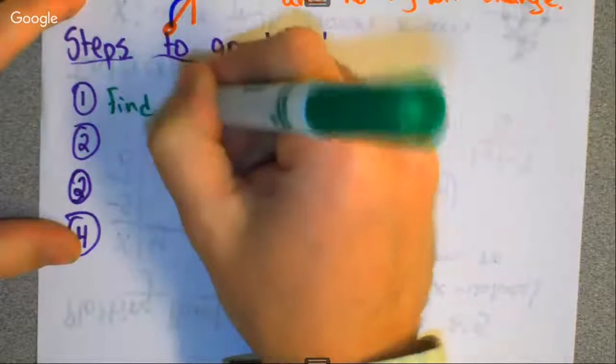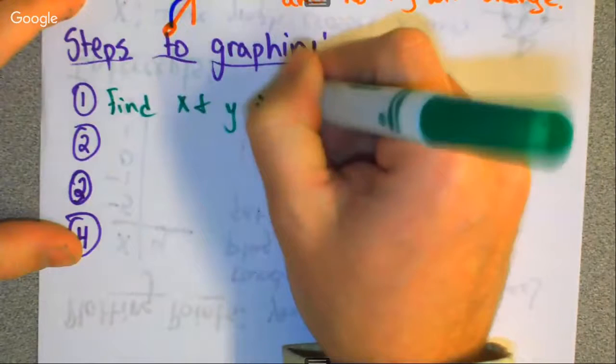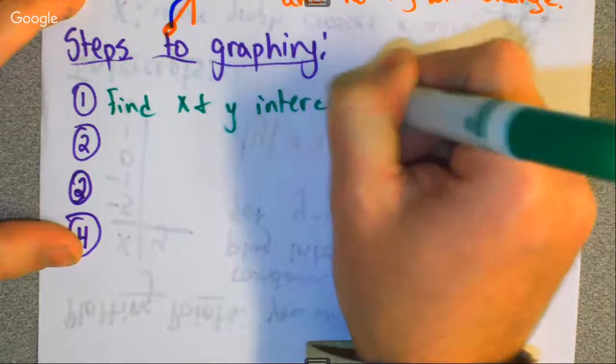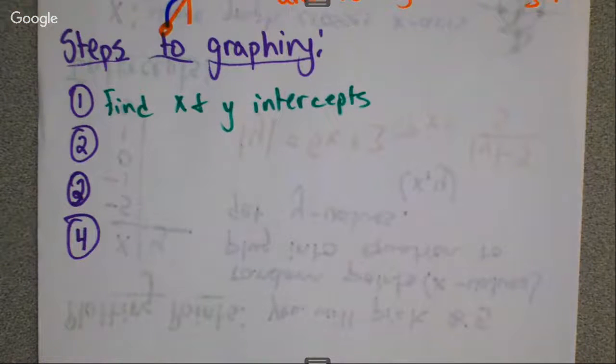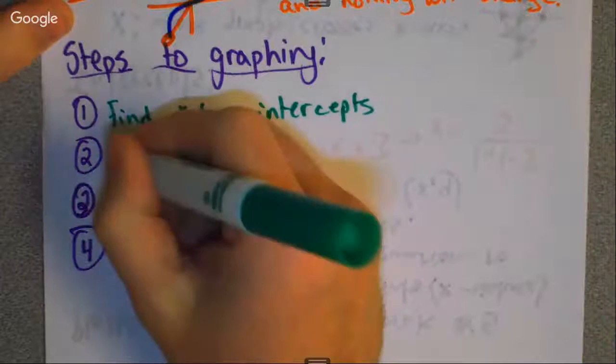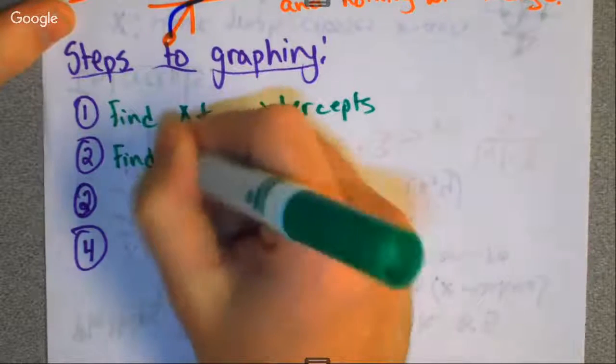So we want to talk about some steps to graphing. If I give you some random equation, how do we go about graphing it? The first thing we're going to do is find intercepts. You're going to find some x and y intercepts. Step 2 is you're going to find and test for symmetry.